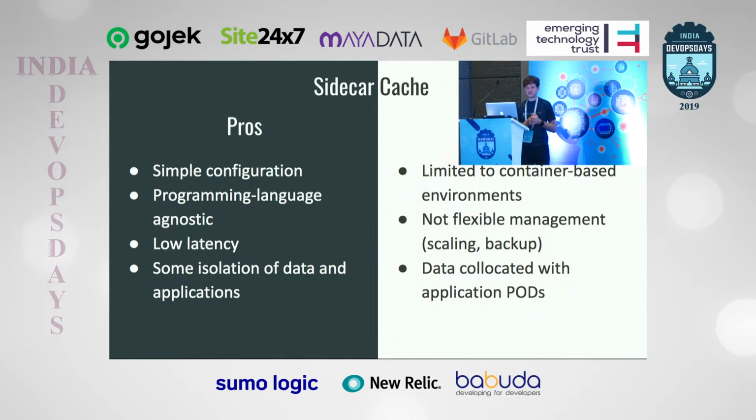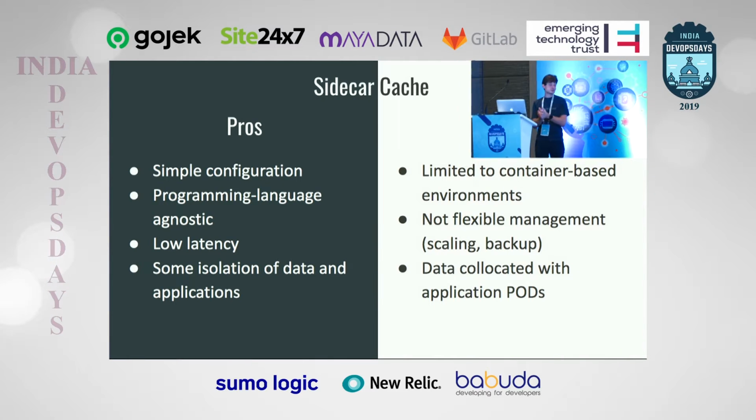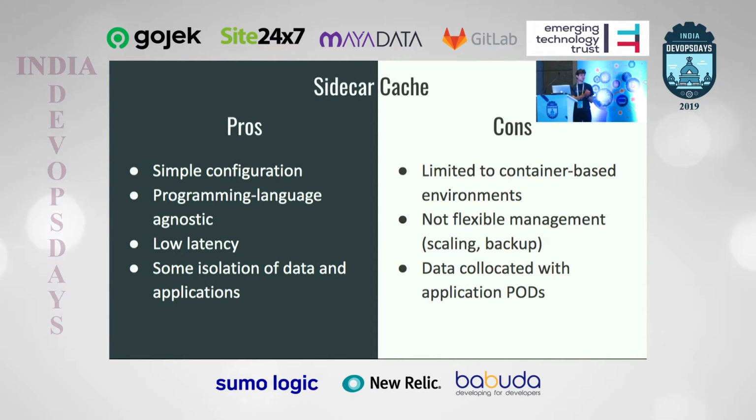So, a short summary. The pros of such a solution: the configuration is again very simple. It's programming language agnostic. We have low latency again because it's the same machine. It's not the same JVM, but it's still the same machine, so the latency is still okay. And there is some kind of isolation between data and application.